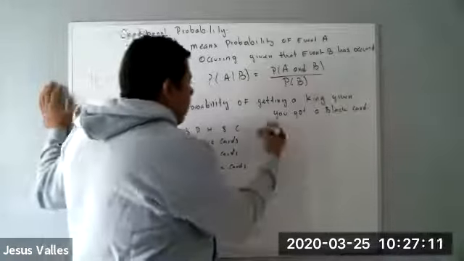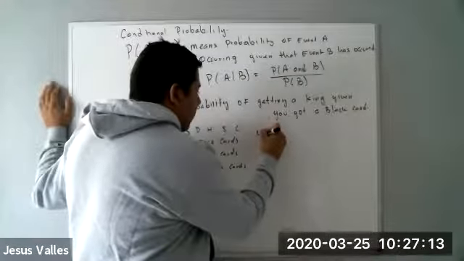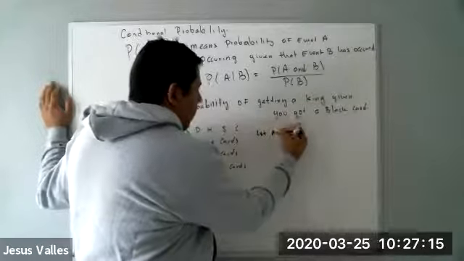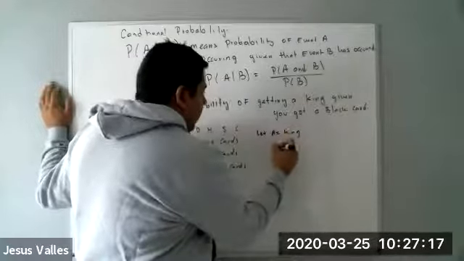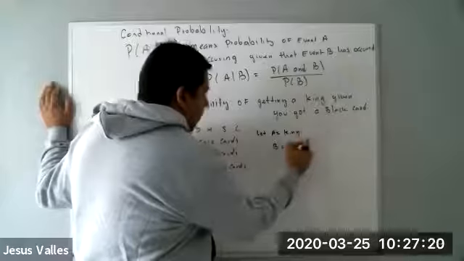So let event A equal king and event B equal black.